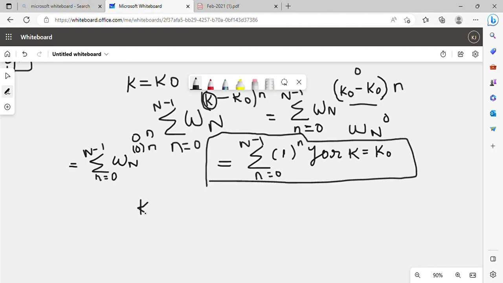So if my k is equal to minus k naught, then what I can say is the summation of n minus 1 to omega n to the power of k plus k naught.